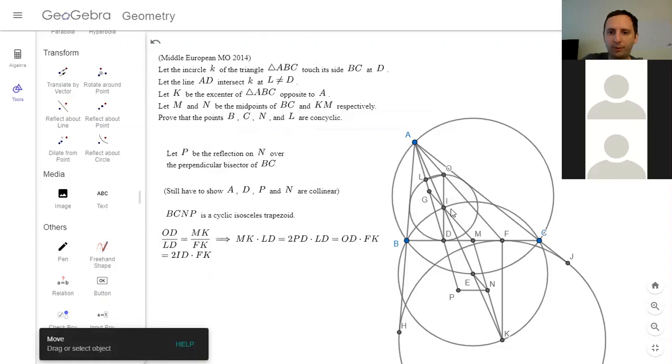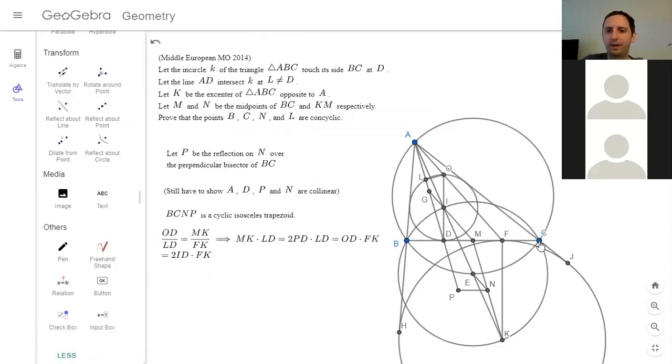Is it a well-known theorem that ID times FK is BD times DC? I feel like if that's true, it has to be well-known. I think triangle BID is similar to triangle BFK. Yeah, that would prove it.